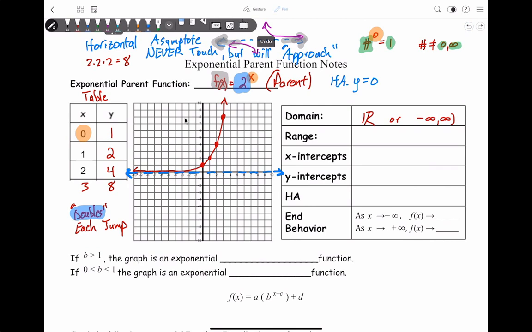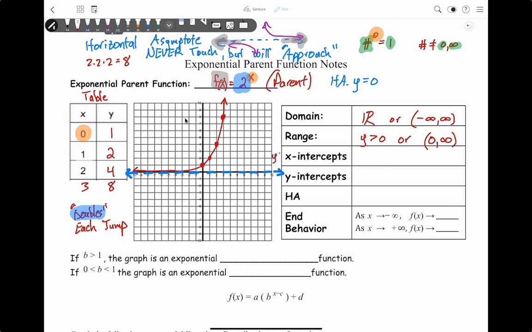So we label that as y is greater than 0, or 0 to infinity, open on 0 because it's not touching, and open on infinity because it will never touch infinity. Just a quick reminder, if this was equal to, this would be a bracket.